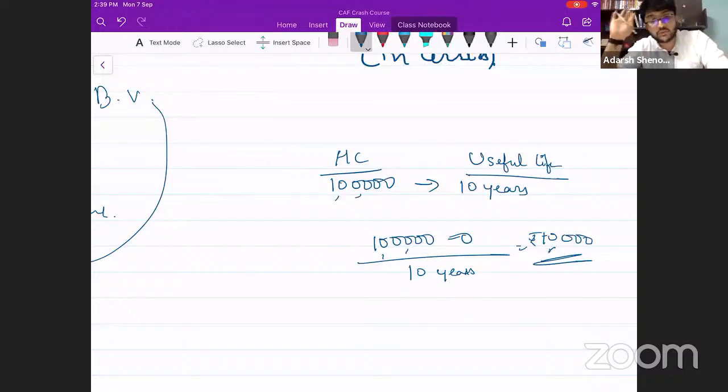A total of 15. I've already used it for 5 years, and after using it for 5 years, I realized this asset is solid. I can use it for another 10 years. Now, when you change like this, the amount of depreciation also must be changed.